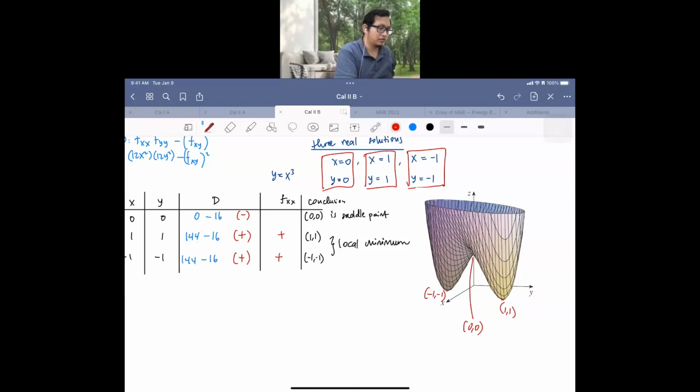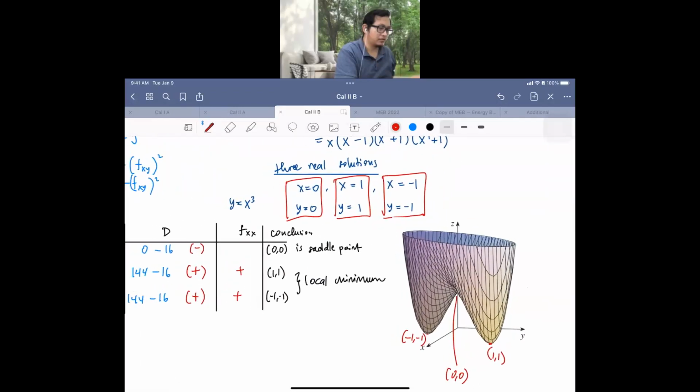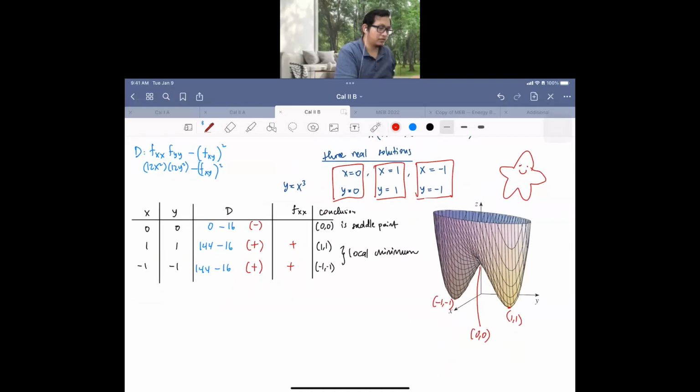Okay. By the way, it looks like in a cartoon, Patrick in SpongeBob, like the feet of Patrick. Right. Okay, that's the example.